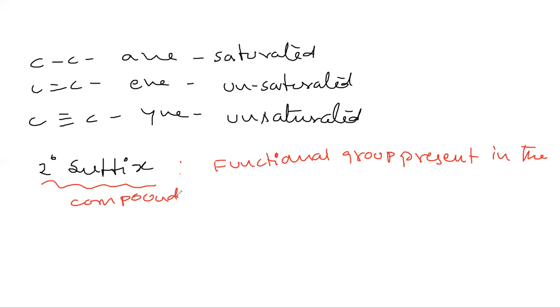What is meant by functional group? A functional group is one which is responsible for the physical and chemical properties. Functional groups are like acid, aldehyde, amine, ketone, like that.